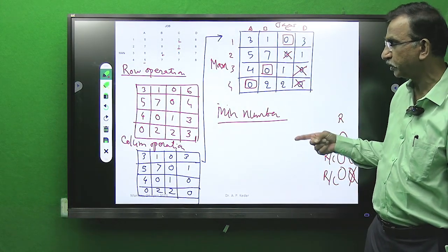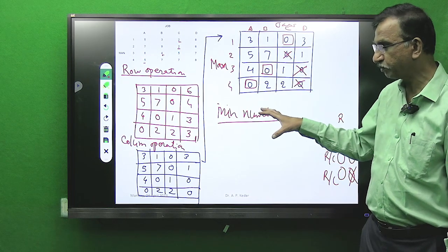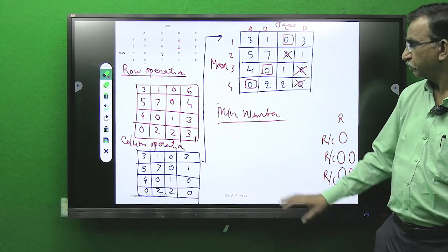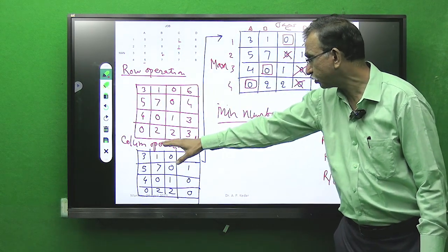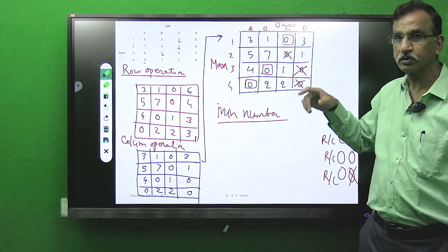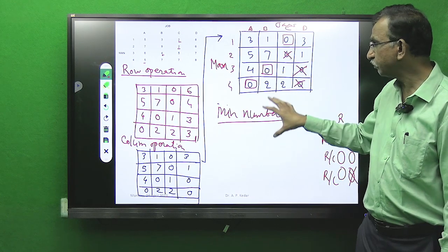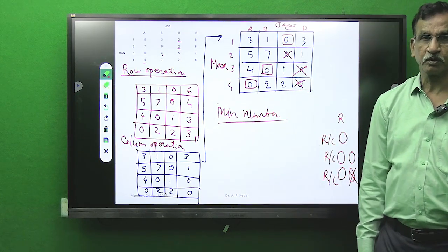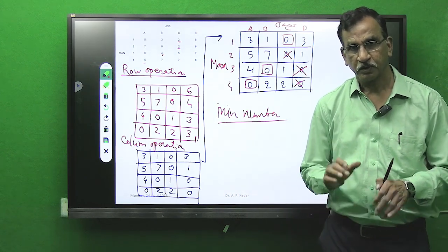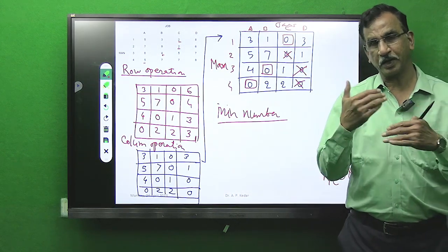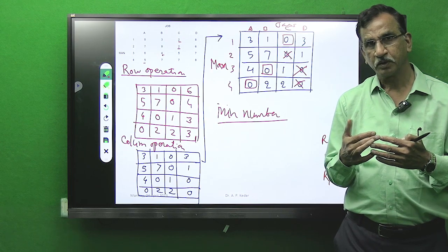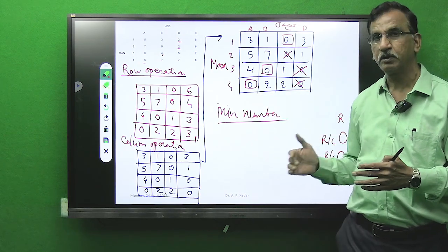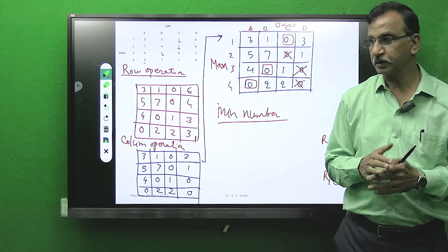I will start this same problem in my next lecture from this point onwards. We have performed row operation and column operation, and we are now at the point of checking whether this solution is optimal or not, and for that the condition is to draw the minimum number of lines covering all zeros. Till then, you can try more problems up to this particular step, and how to proceed after this step will be dealt with in the coming lecture.